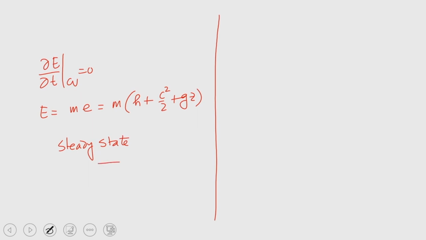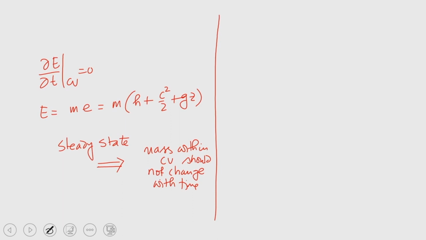So, the steady state requires that mass within the control volume should not change with time. Will it suffice?